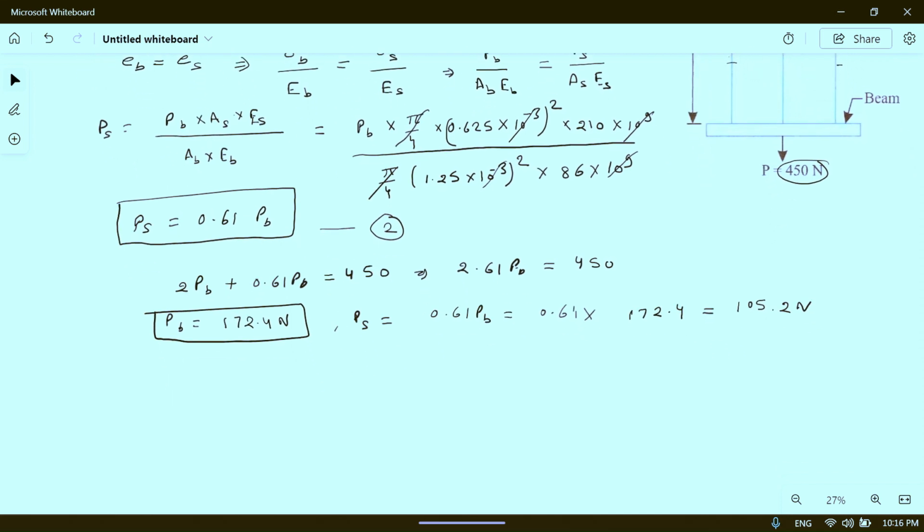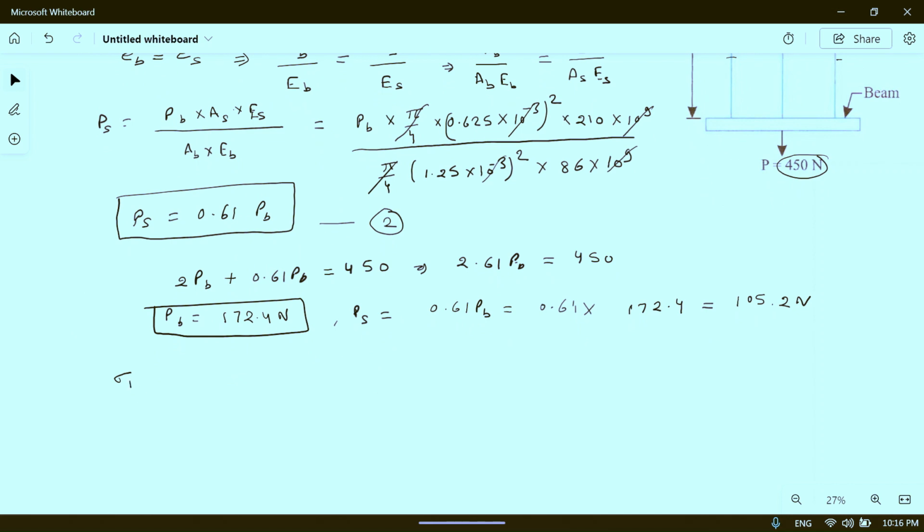Now what will be the stress? Stress will be equal to load upon area. For brass, the load is 172.4 divided by the area, which is pi by 4 into the diameter 1.25 into 10 to the power minus 3 meter, squared.